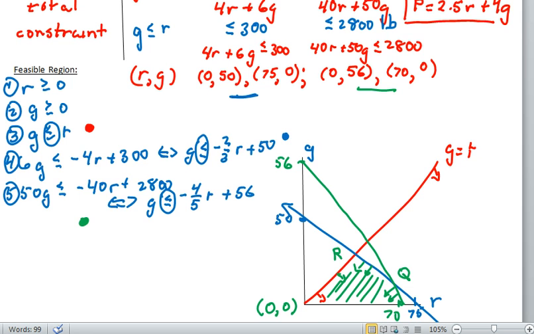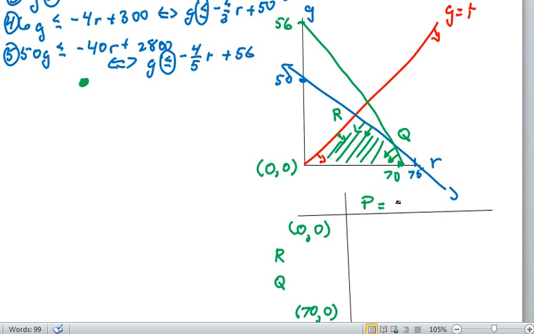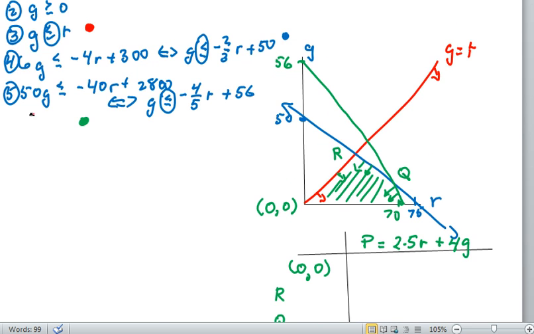So going back, I will copy down that the profit is 2.5R plus 4G. But we need to now find the coordinates of R and of Q.